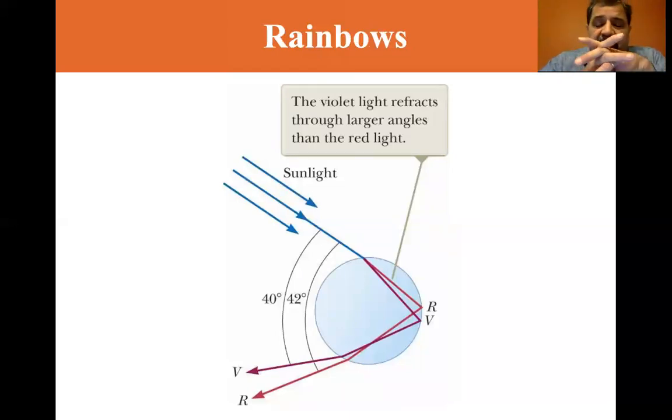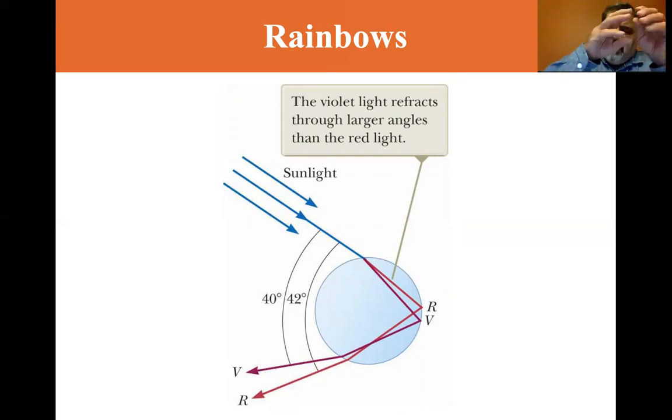First, the light comes into the water droplet, and water droplets are spherical. They're not teardrop shaped the way they're shown in common images. As it enters, given the index of refraction of water, the light gets bent. The red makes an angle of 42 degrees, and violet makes an angle of 40 degrees.